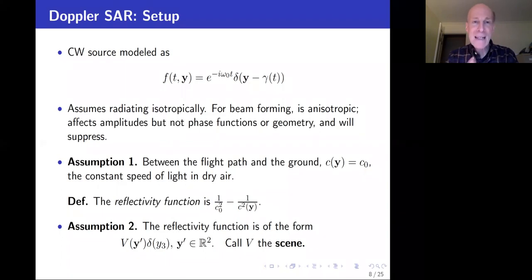And it's also made in a number of the other papers in the mathematical SAR literature. So we will refer to this unknown function of two variables, V of y1, y2, as the scene. And it is this function of two variables that describes the features on the Earth's surface. It's this function V that we want to reconstruct from the SAR data.